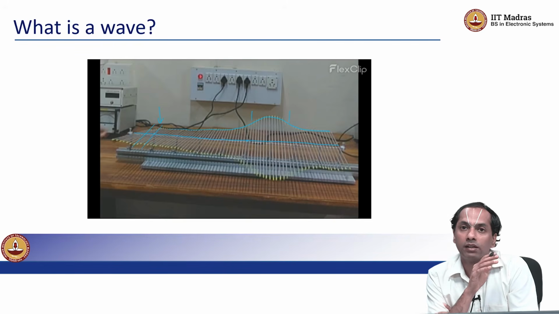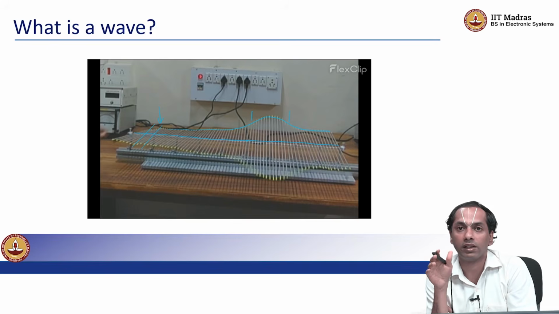I'll repeat that. An event that happened at some time in the past at some location is reoccurring at a different location at a different future time, or current time, you can say. This apparent motion is what we call waves.